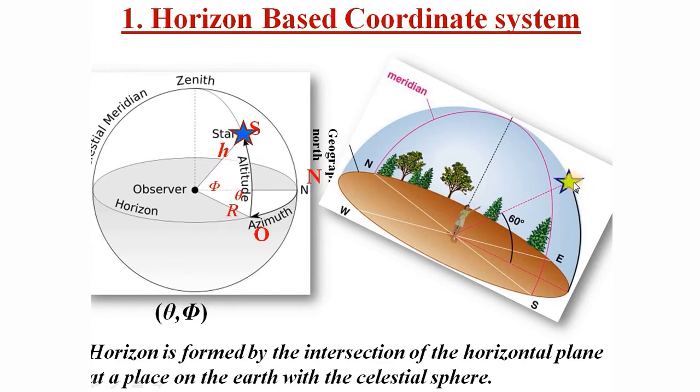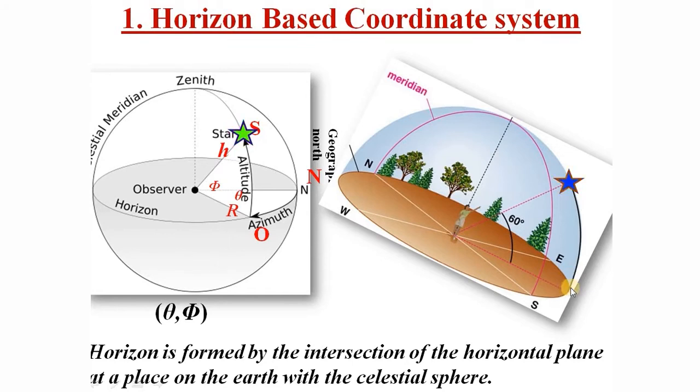Okay, so here is your star. You can draw a meridian line on the celestial surface like this. That line will intersect the horizon plane at some point.